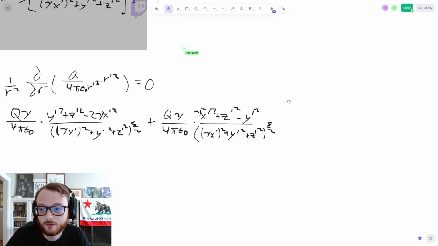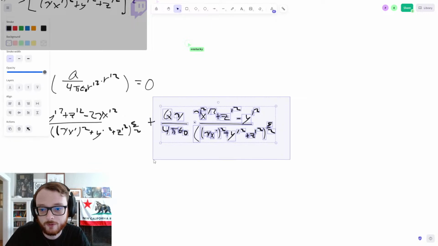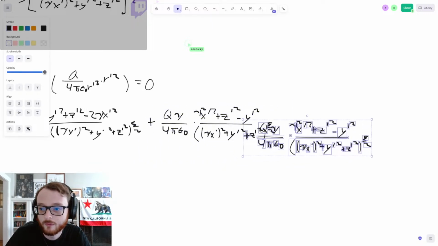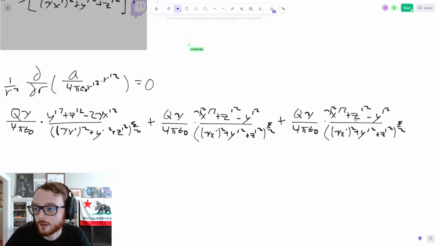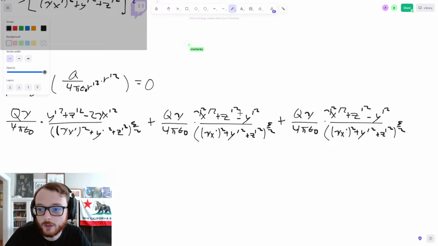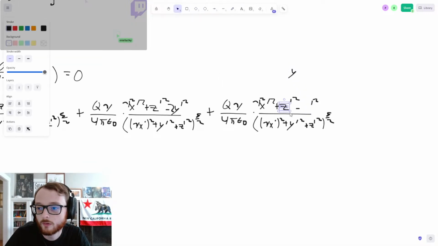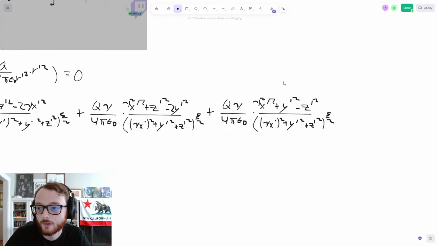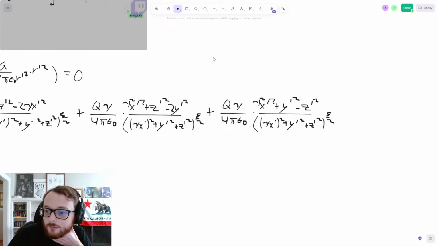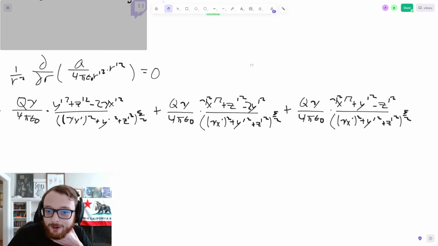Okay, and then the one for z should be nearly the same, except you need 2y prime squared. Okay, and hopefully this works out.